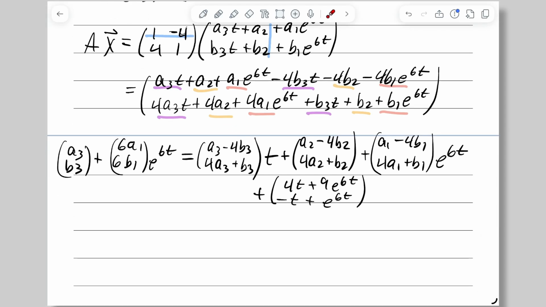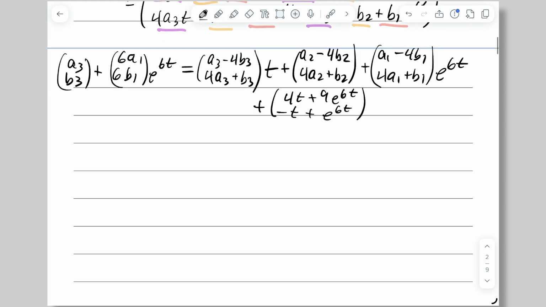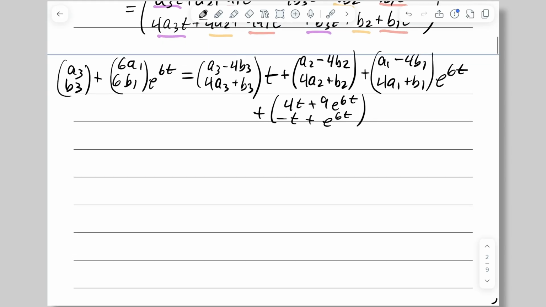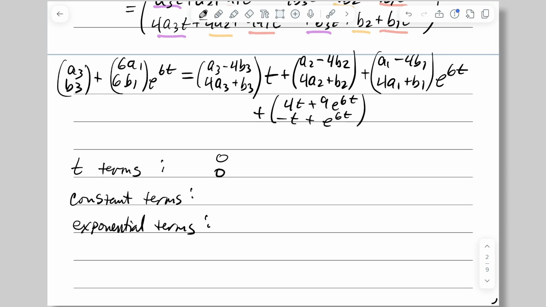Now, I hope it's obvious what we're after are a1, b1, a2, b2, and a3, b3. In order to find them, we're going to set up equations according to like terms. We have t terms, constant terms, and exponential terms. We have 0 t terms on the left, so I'll write that as the 0 vector. On the right, the t terms come from Ax and from f.